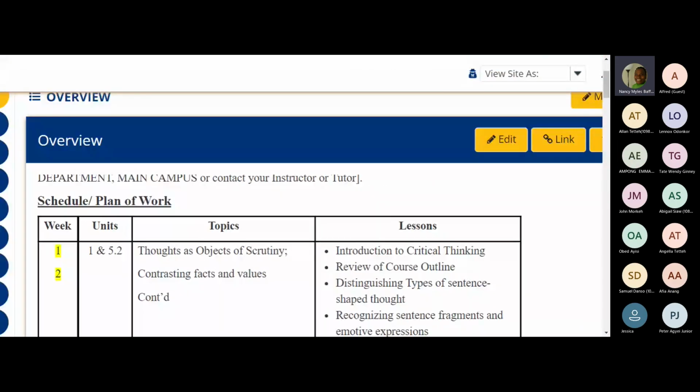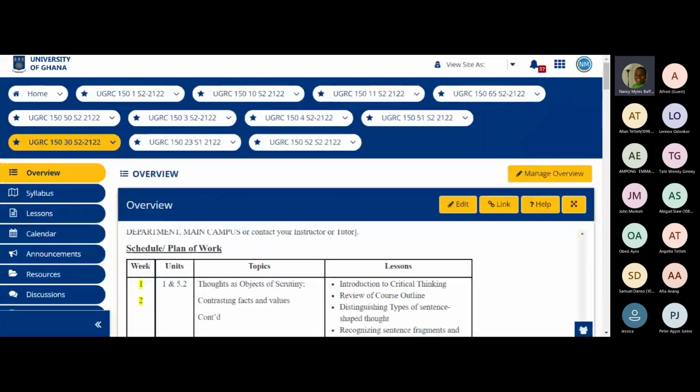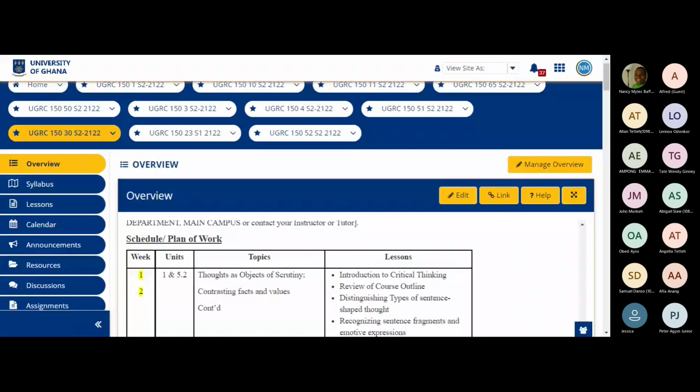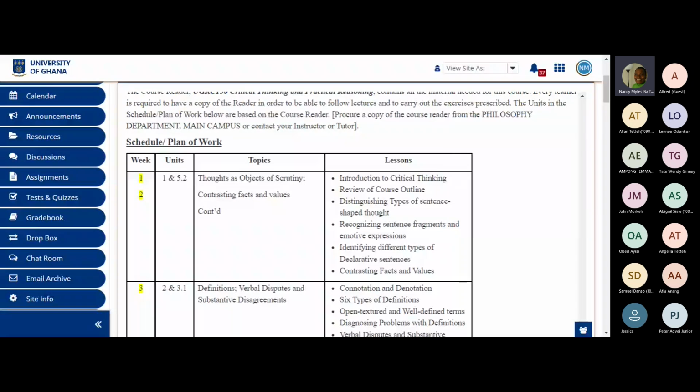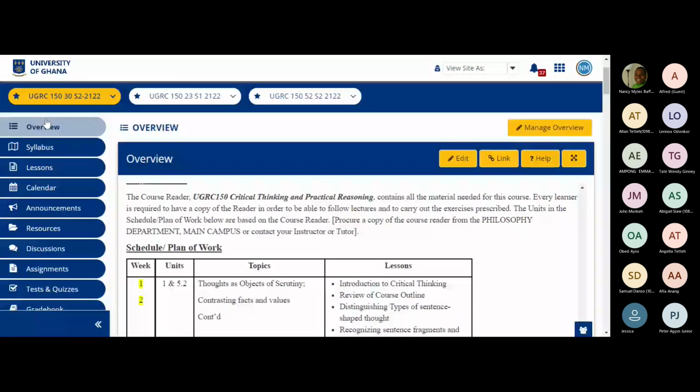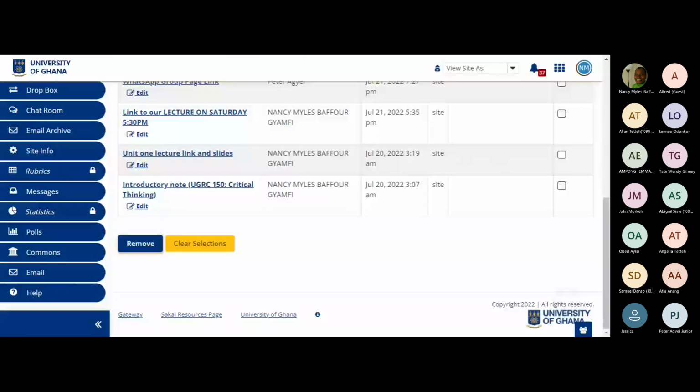Now, still on your Sakai, and you can tell your friends also, you should visit the announcement tool all the time. See the announcement I had sent you. As at 20th July, I sent you an introductory note and mentioned the textbook and all.